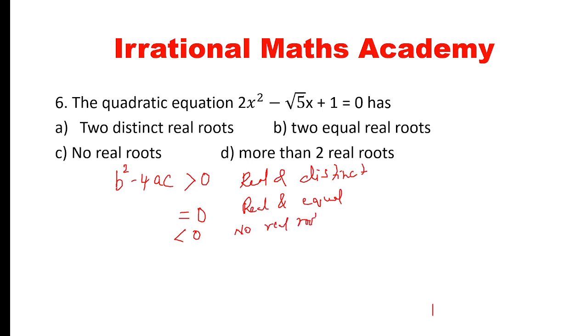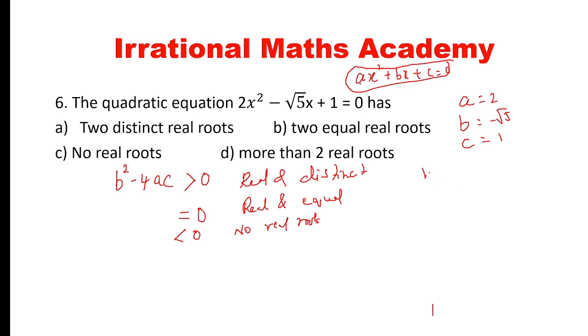So let us find the discriminant first. A value is 2. See how I'm getting the A value: the standard form of a quadratic equation is ax square plus bx plus c equal to 0. Comparing with this, A value I'll get 2, B value I'll get minus root 5, and C value I'll get minus 1.